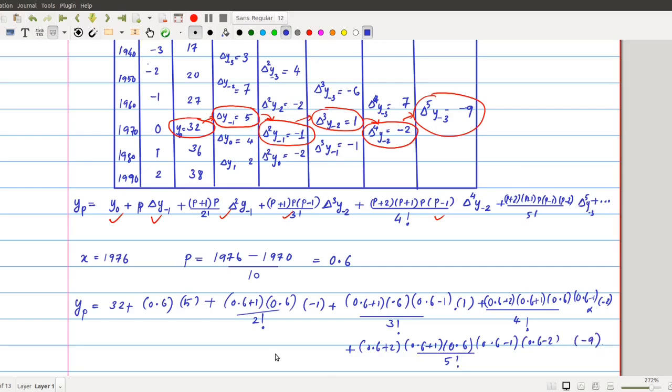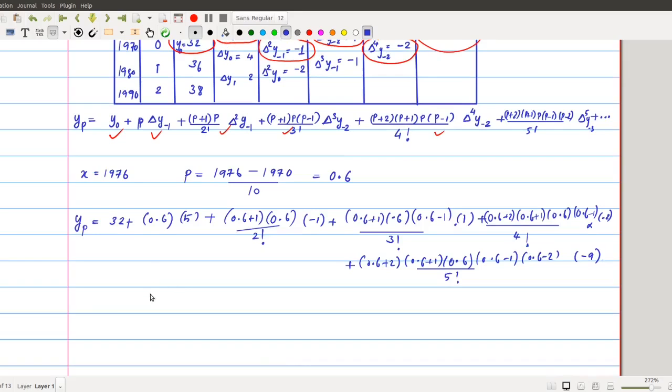When you evaluate this expression using a calculator, I really don't want to evaluate all this in this video. So you evaluate these numbers, then you will get 30.114368. So this is the y value at x equal to 1976.